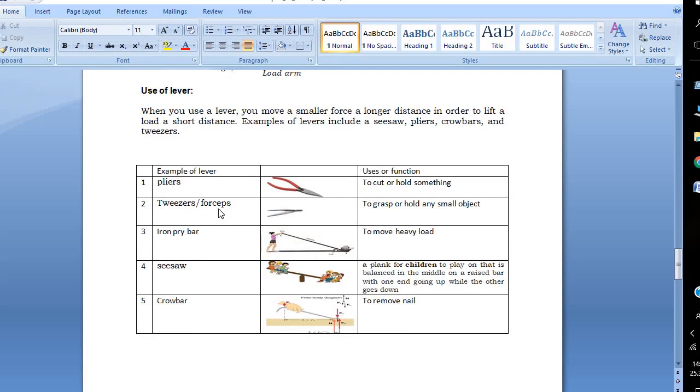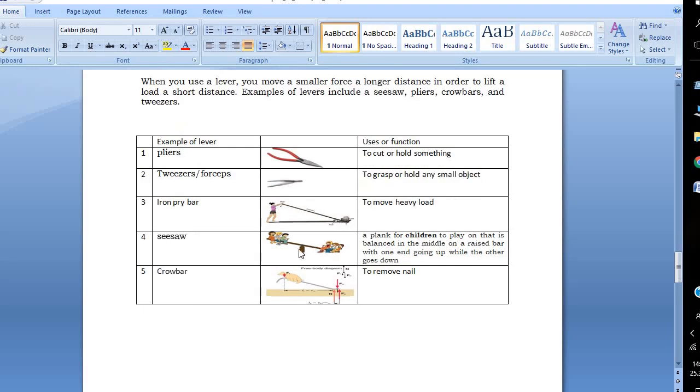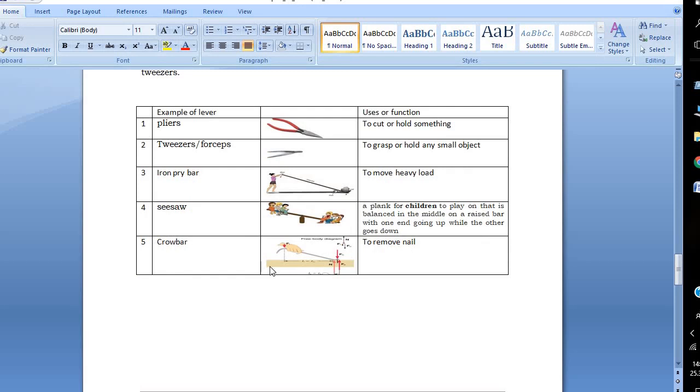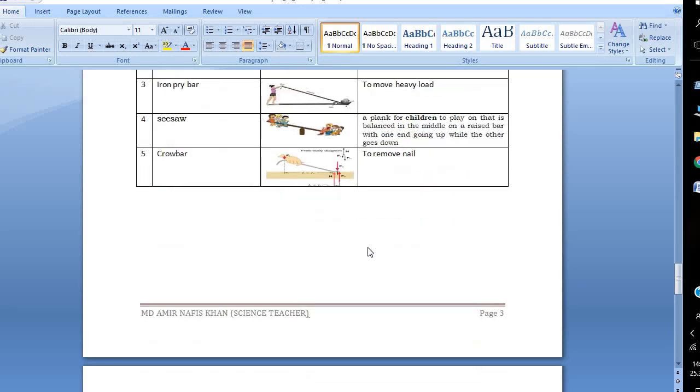Forceps, the tweezers, are used to grasp or hold any small object. An iron pry-bar lets you lift up heavy objects and move heavy loads. The seesaw is a plank for children to play on, balanced in the middle on a raised bar, with one end going up while the other goes down. And the crowbar is used to remove nails.